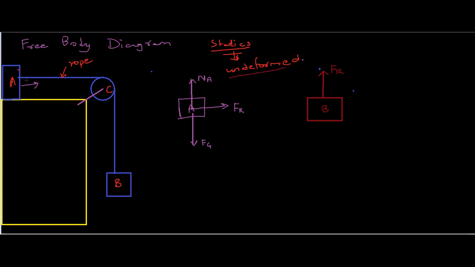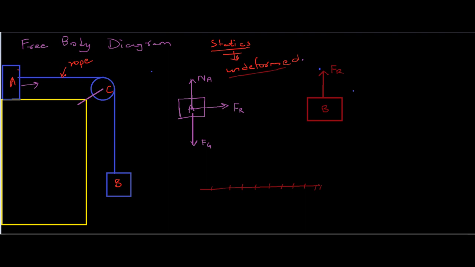It's the same rope that connects to block A, goes over the pulley C, and then connects to block B. So if the rope is undeformed, and it's the same rope throughout, then at each and every point of the rope, the force in the rope has to be the same. If it were different, the rope would have to be deformed.